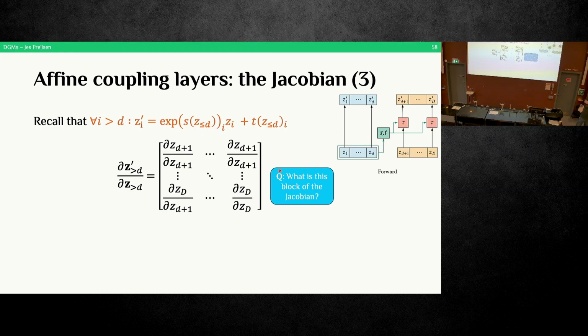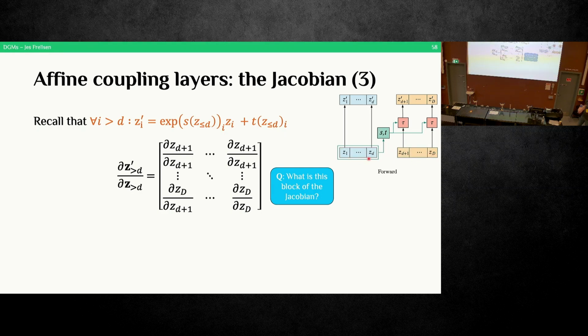Yes, there you go. They're 0. If, for instance, I look at this guy over here, the value of this guy doesn't depend on any other values than this guy over here and these guys over here.